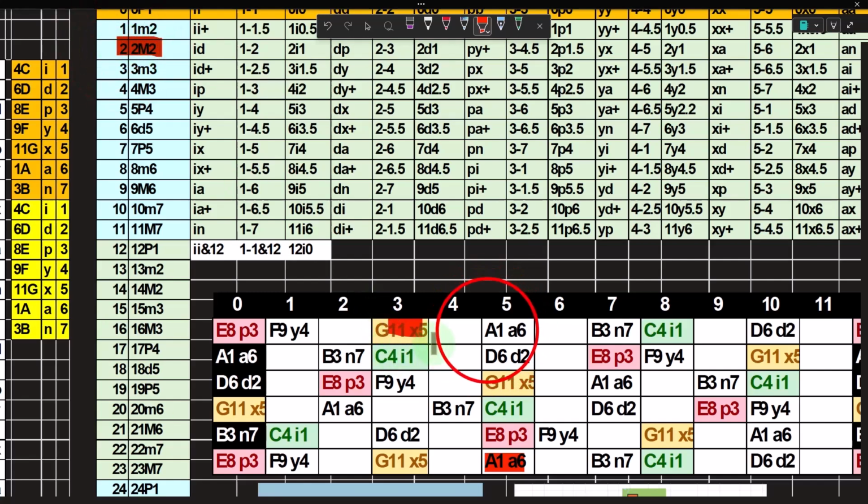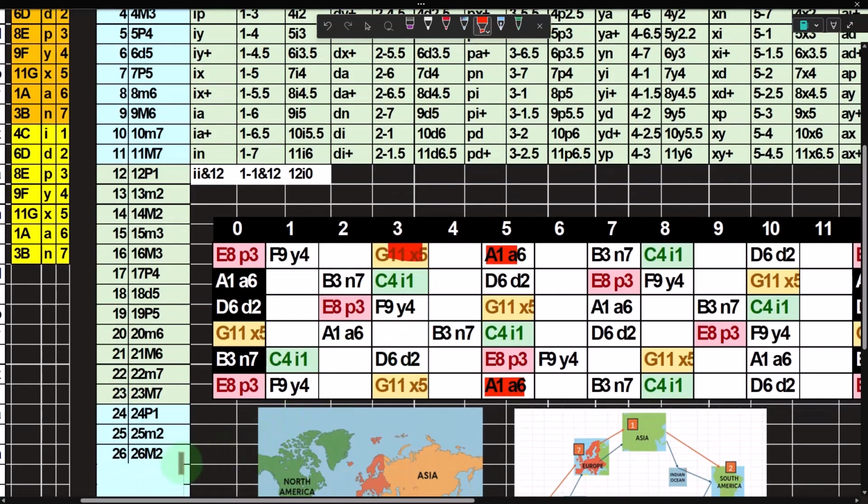So 2 note away major second would be going to here. If I go out to here, that would be a 2 plus 2 octave note away major second, or a 2 plus 24 note away major second, or a 26 note away major second. So that would be the idea.